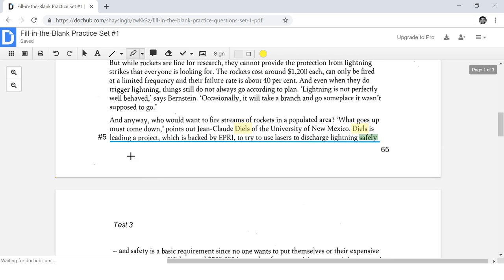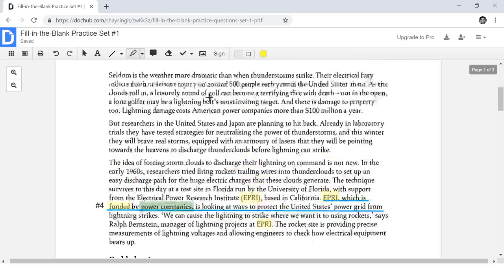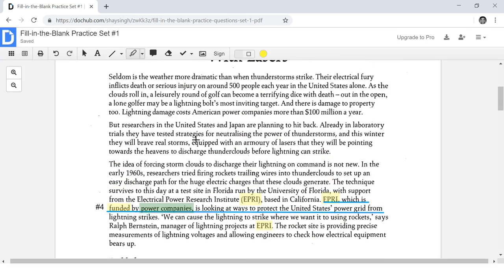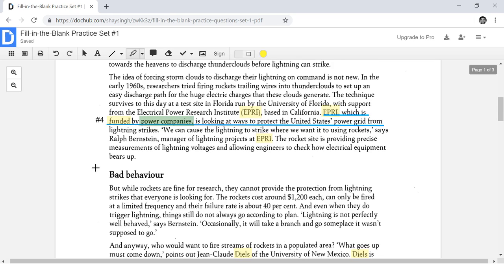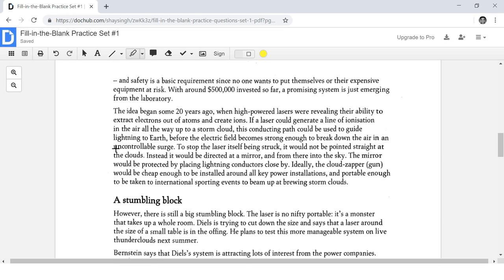So since our answer to question number 5 is here, we are going to start looking for number 6 down here. Not up here, because these questions are in order. So number 4 is here, number 5 is here. That means that number 6 should be somewhere down here. And here we go. Take a look. The word lasers appears right here.